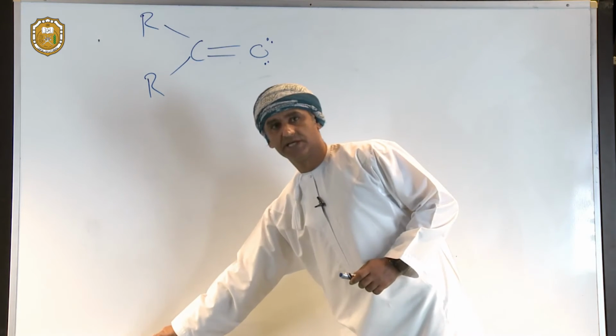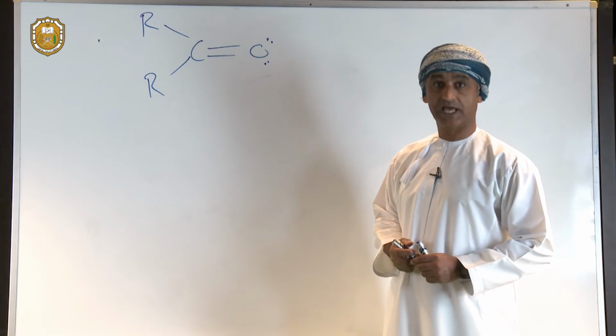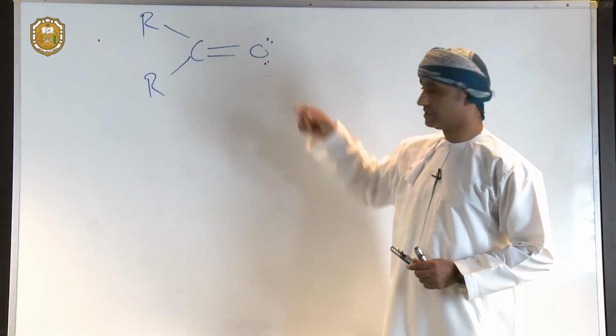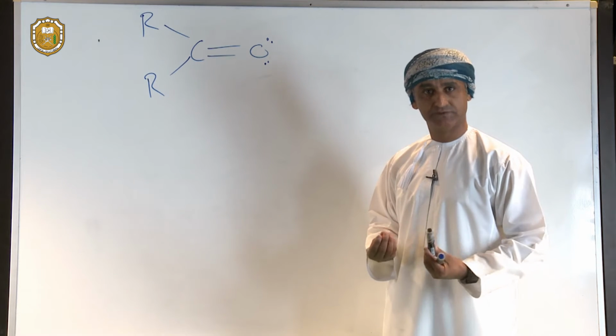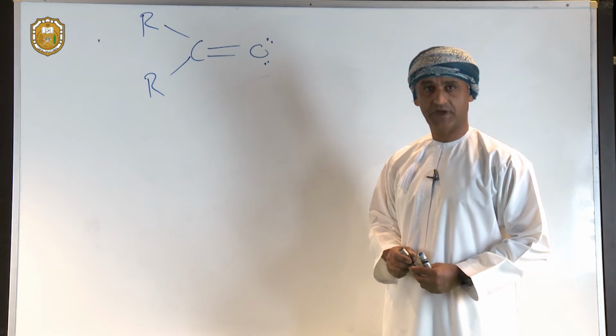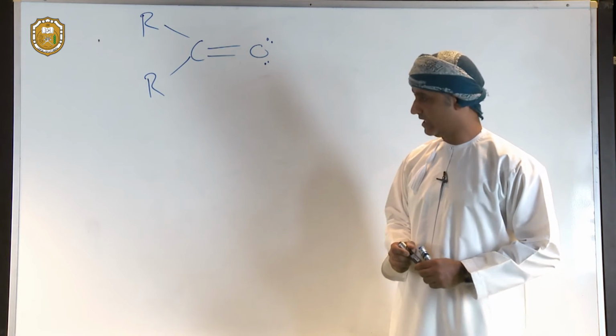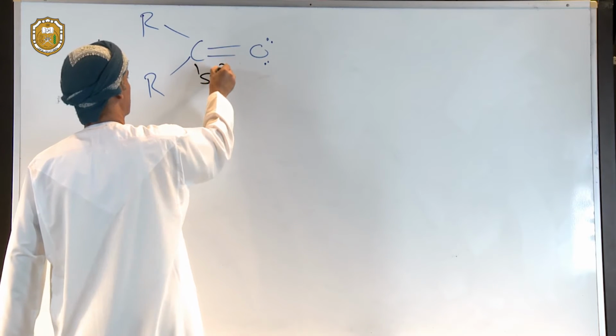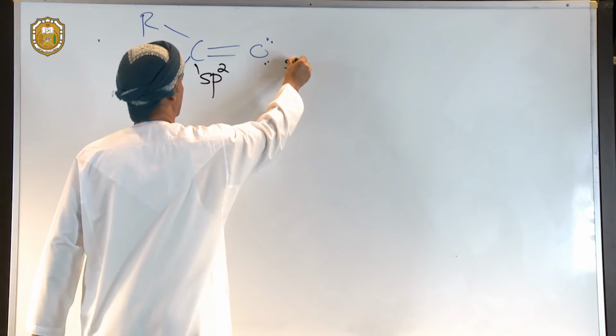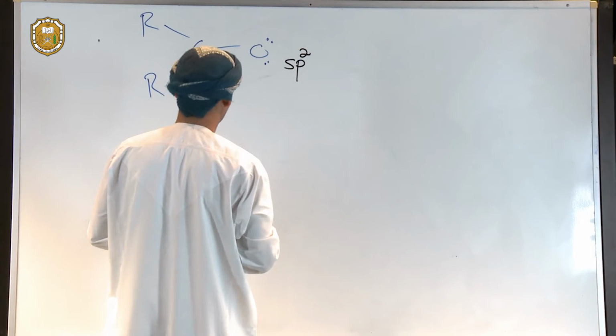Therefore, the hybridization type of carbon is sp2, and so is the hybridization of oxygen, because each of these atoms is surrounded by 3 effective electron pairs. So the hybridization here is sp2, and it is also here sp2.